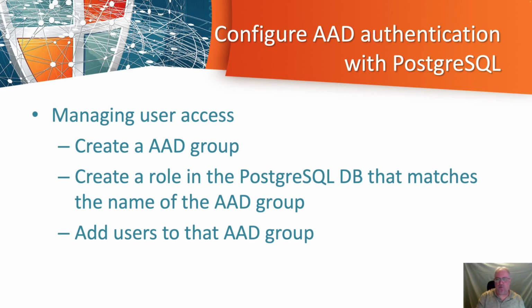You create a role in Postgres or MySQL. All the databases work the same. So you create a role in the database that matches that name. If I created widgets-DBA in my Azure Active Directory, I would create a role in the database called widgets-dba.